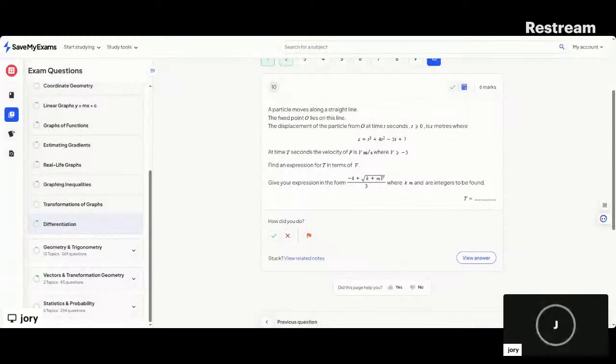So we just learned that if you have meters equals seconds, you can differentiate to find, what do you find? Oh, velocity. So 3t squared plus 8t minus 5. This is your velocity. Make it equal to 0. So, I think it's just, wait, I forgot steps.